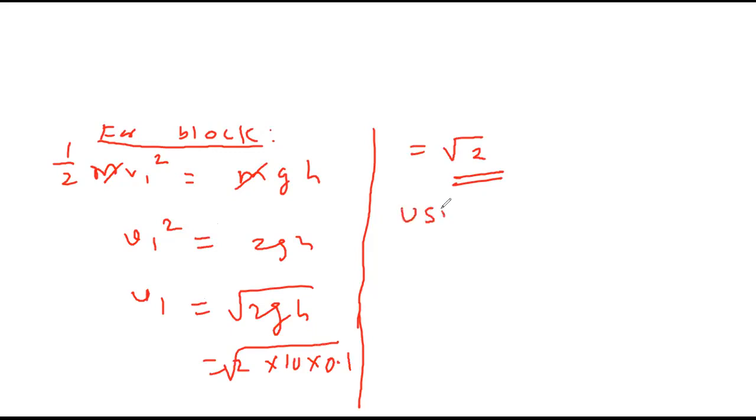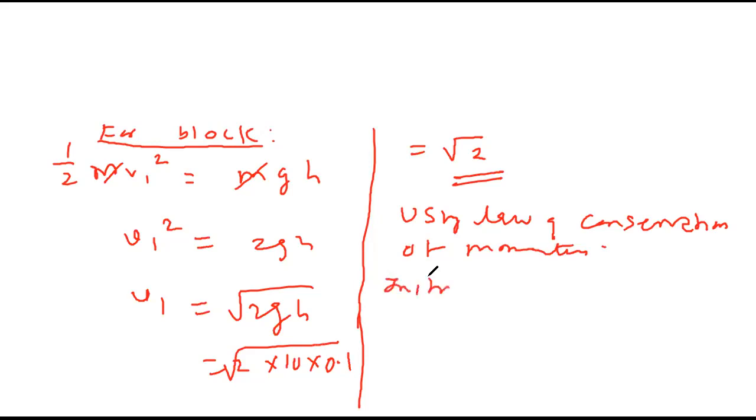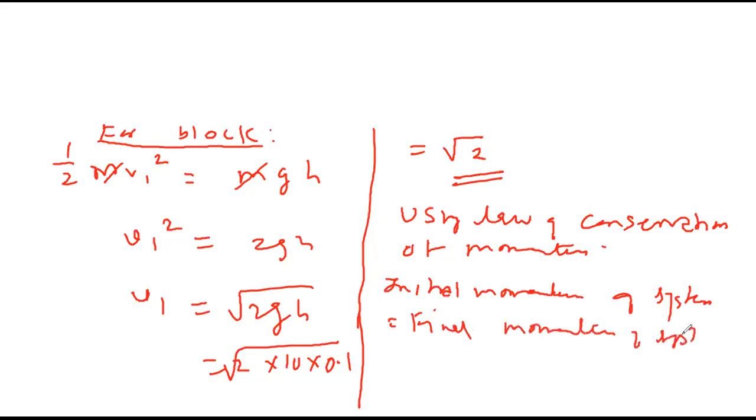Now using the law of conservation of momentum, the initial momentum of the system equals the final momentum of the system. System means the block as well as the bullet.